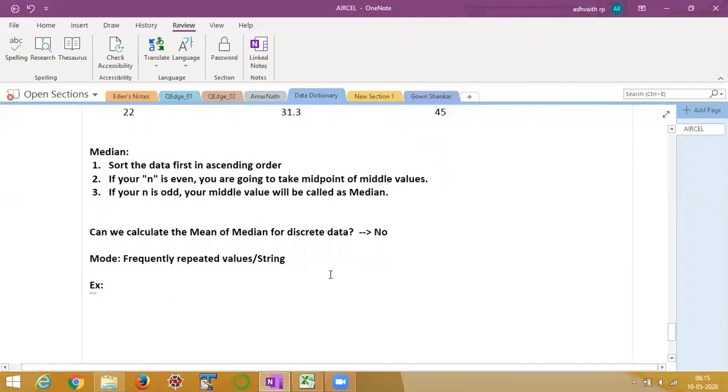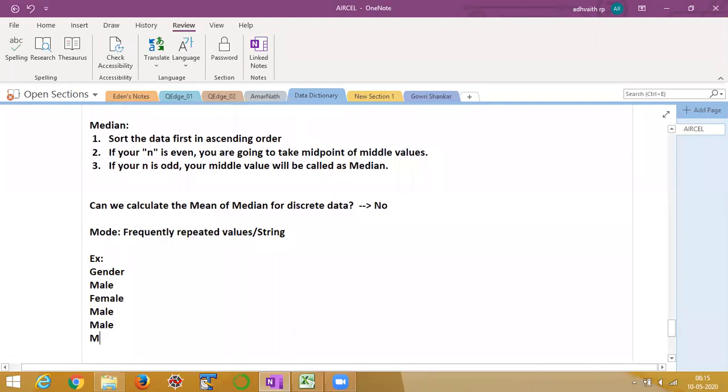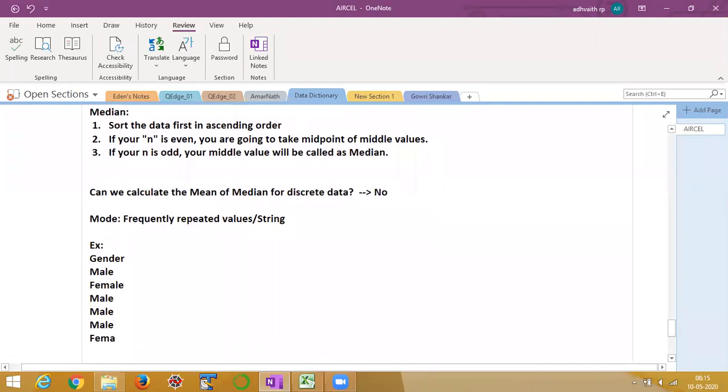Gender will be the easiest answer, the easiest to understand as a beginner. So gender is my variable name. Now: male, female, male, male, male, and female.